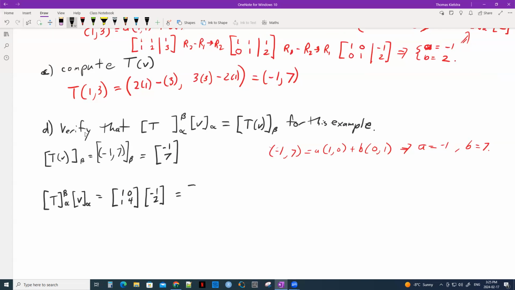When multiplying, we get 1 times -1 plus 0 times 2. For the next row we get 1 times -1 plus 4 times 2. And we can see that we do in fact get (-1, 7).